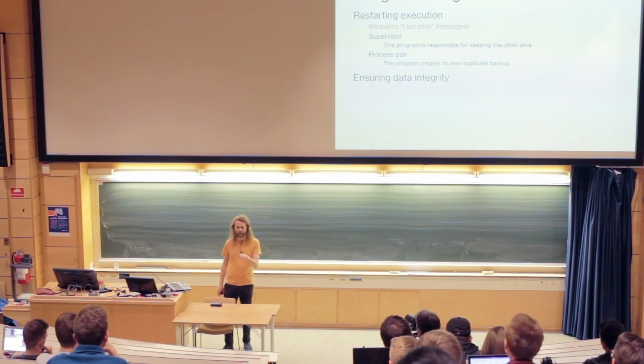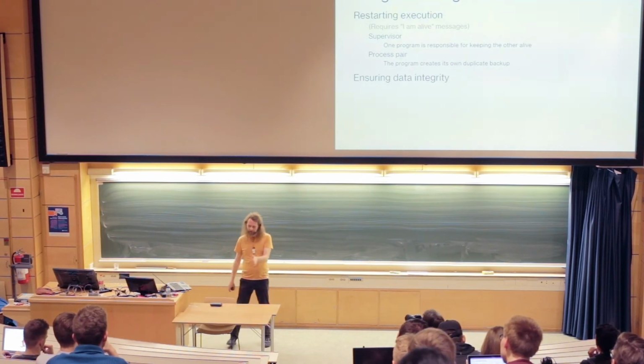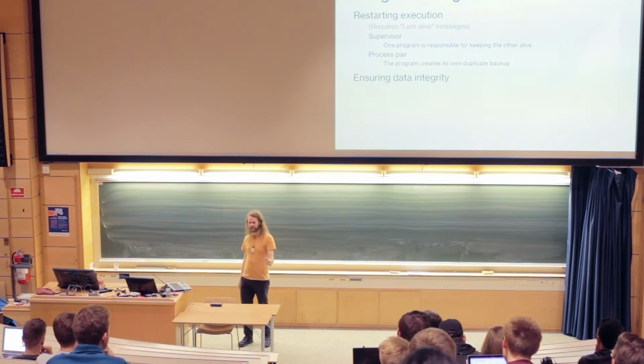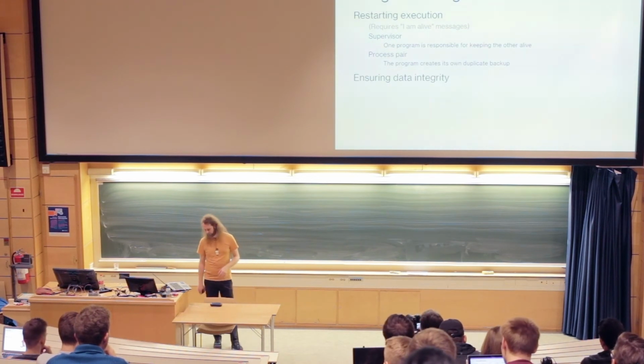Because if the internal state and the received data combined triggered an error, then we want to make sure that we don't immediately re-trigger the same error when we restart. So we need to go slightly back in time and get some fresh data and see if we can continue with the fresh data and just ignore whatever incoming data made us fail.